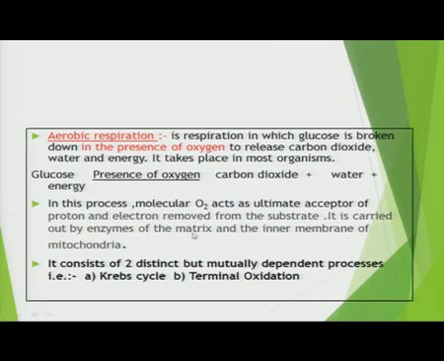In oxidative decarboxylation and glycolysis, there is no involvement of oxygen, but in the Krebs cycle, the oxygen molecule is used, which is the ultimate acceptor of the protons and electrons removed from the substrate. It is carried by enzymes present in the matrix and the inner membrane of the mitochondria. Aerobic respiration has two distinct processes, the Krebs cycle and terminal oxidation.